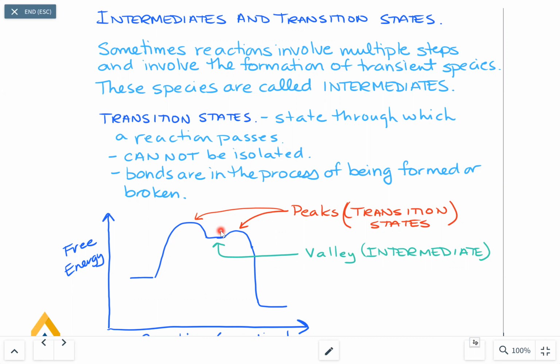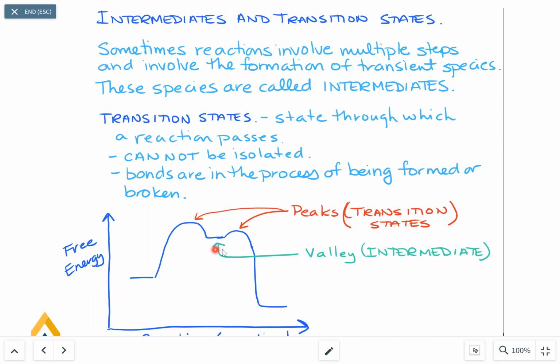And so there, on an energy diagram, there can be peaks like this bump and this bump, and there can be valleys like this little plateau here. And so the peaks are what we call transition states. So this is the energy we have to overcome to get to this intermediate. And then these valleys are what we call intermediates.